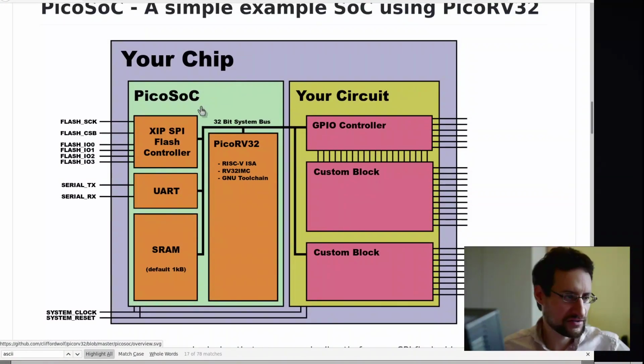So this is the schematic: SRAM, UART, that is what you see here, the SPI flash controller, Pico RV32 ISA, and the firmware. So this is the SRAM, the UART that we connect to, the firmware living in the flash.